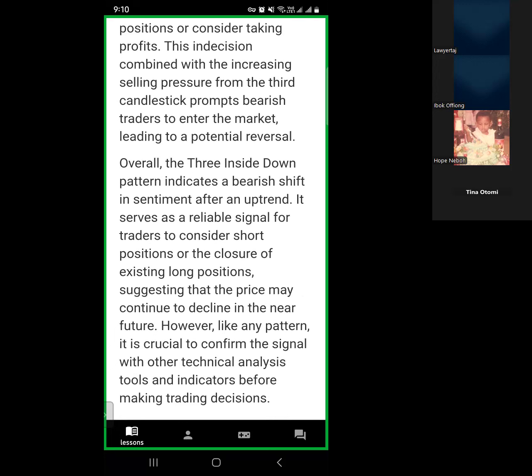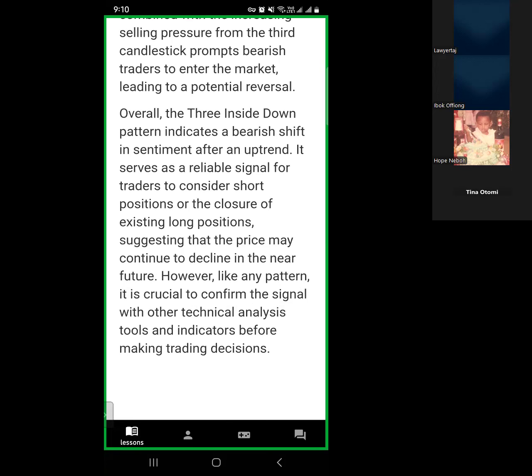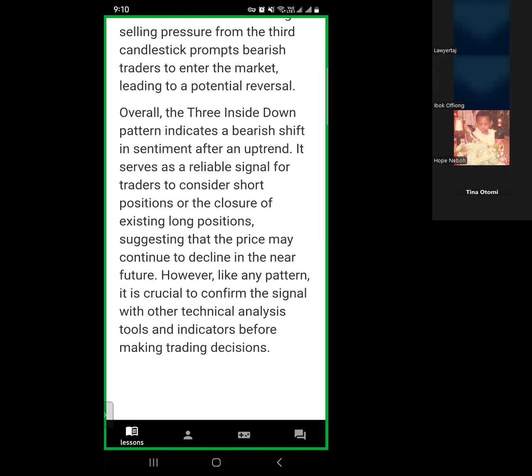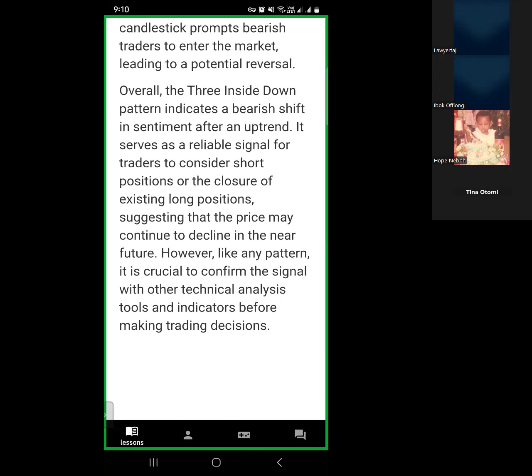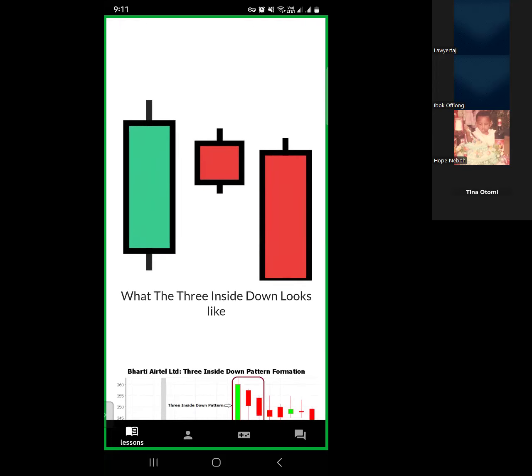It serves as a reliable signal for traders to consider short positions or the closure of existing long positions, suggesting that the price may continue to decline in the near future. However, like any pattern, it is crucial to confirm the signal with other technical analysis tools and indicators before making trading decisions.